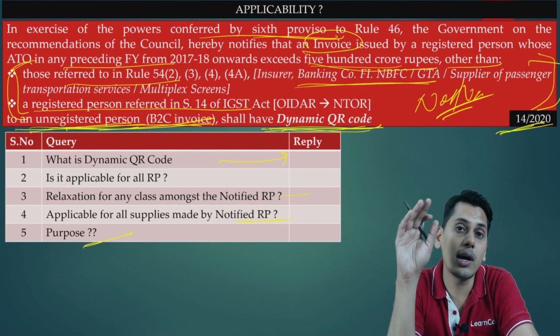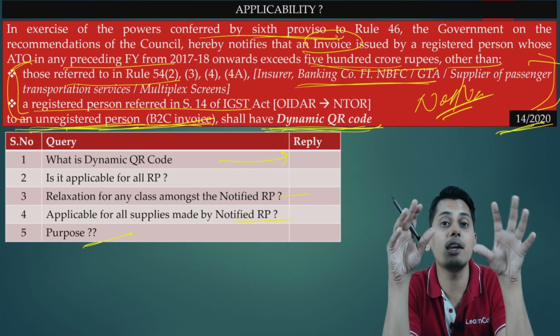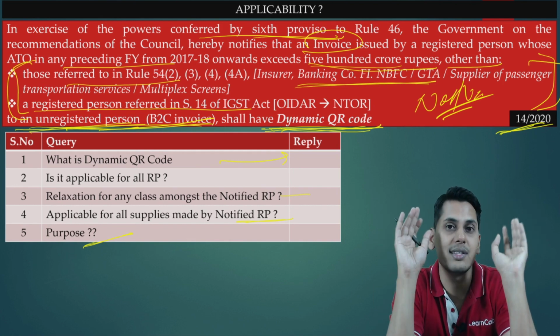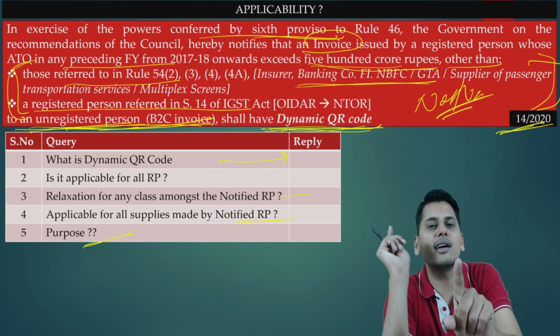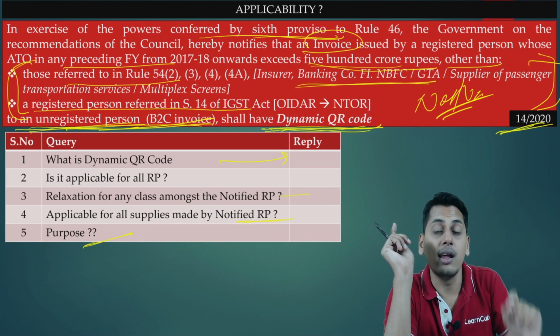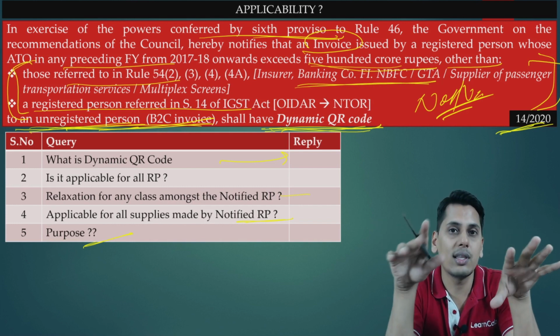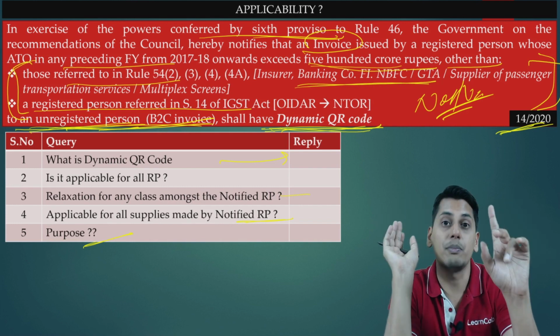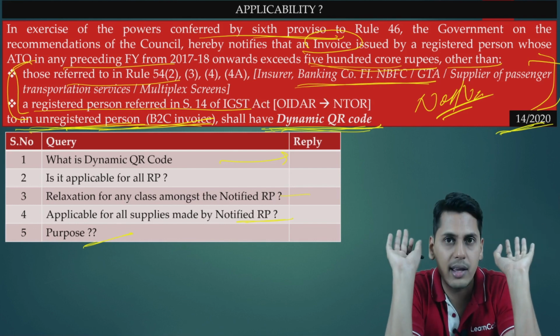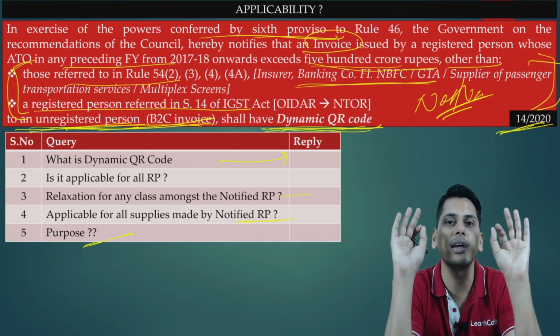The QR code in 46 sub-rule (r), having an embedded invoice reference number, was meant to register the invoice in the invoice registration portal and only then issue the invoice, so that subsequent frauds can be stopped and the advantages can be reaped. So the purpose was near real-time reporting, and the purpose was registration of the invoice.